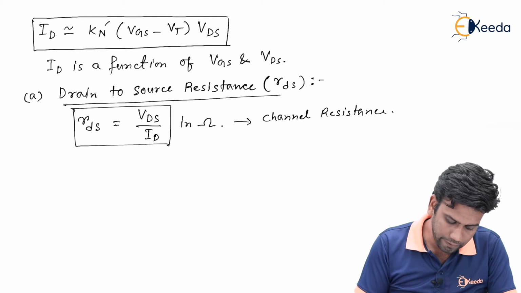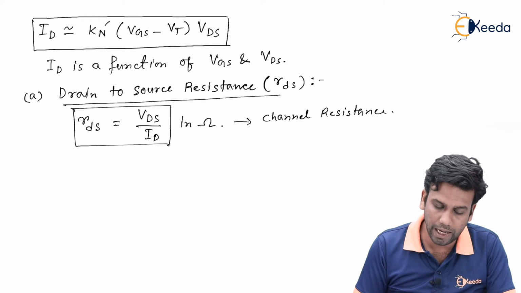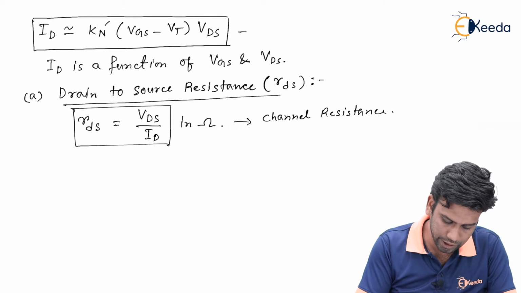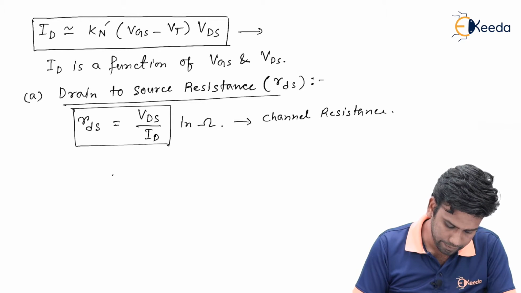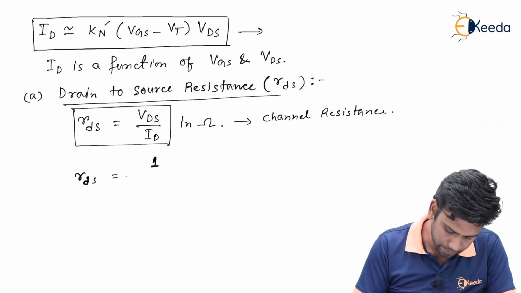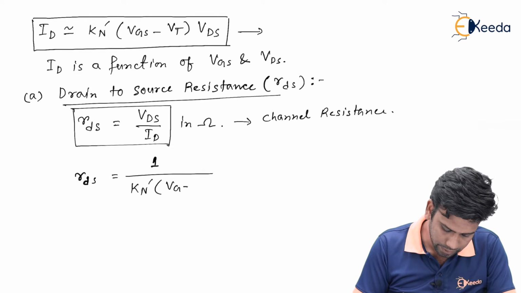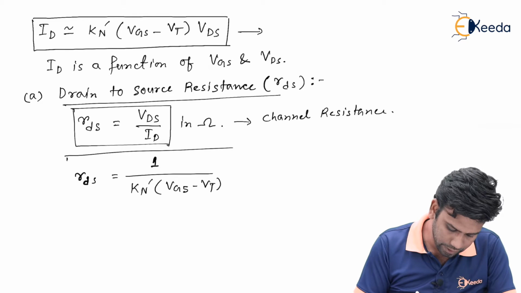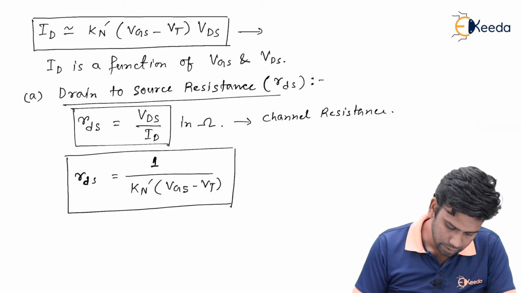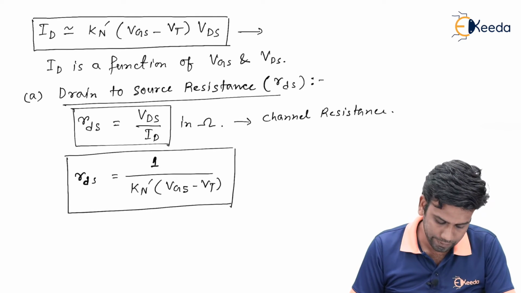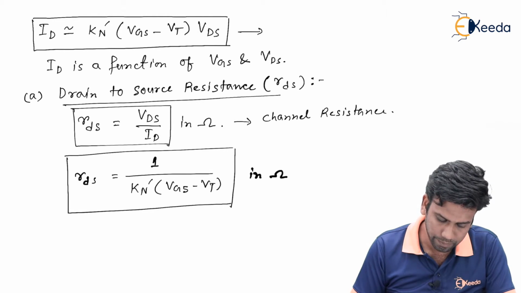Now if I find the value of VDS by ID from the ID equation, then I can write this RDS value as 1 divided by Kn dash into (VGS minus VT).